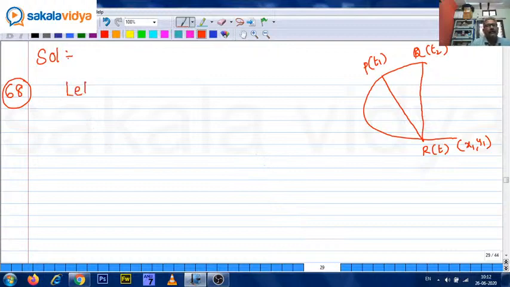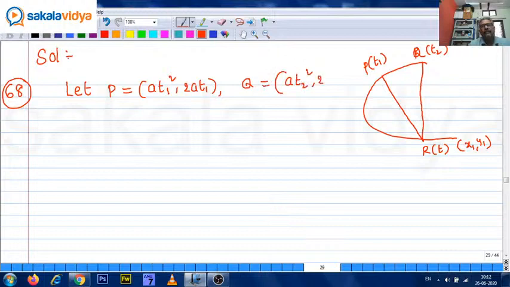So let us say P equals at1 square comma 2at1, Q equals at2 square comma 2at2. R equals x1 comma y1, which is equal to at square comma 2at.